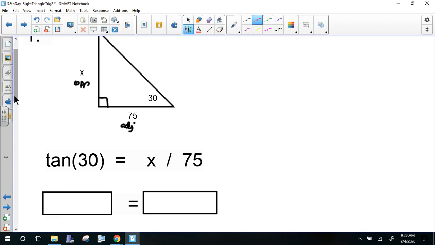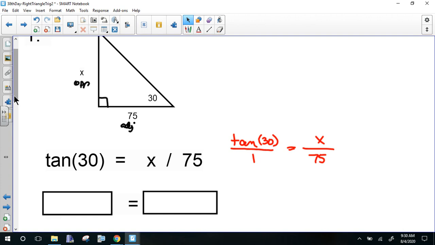Let me write it a little neater so you can tell what we have. So there's our proportion. And remember, when you have a proportion, that's two ratios that are separated by an equal sign. You can cross multiply.